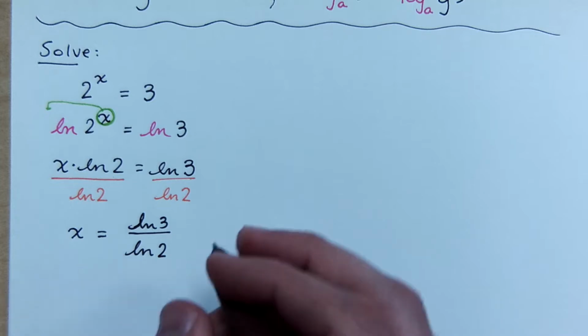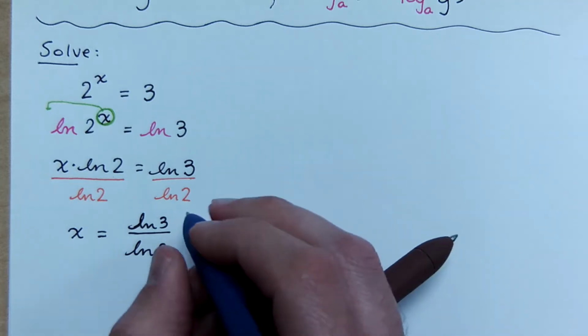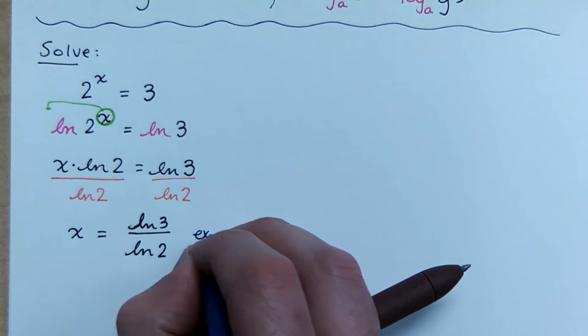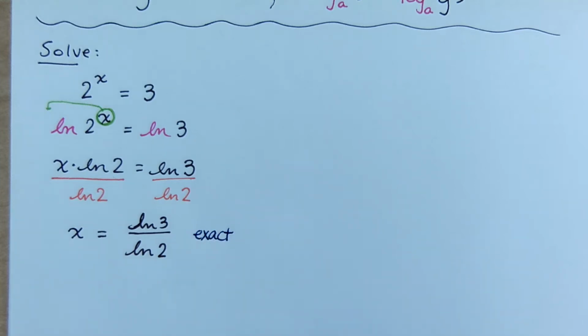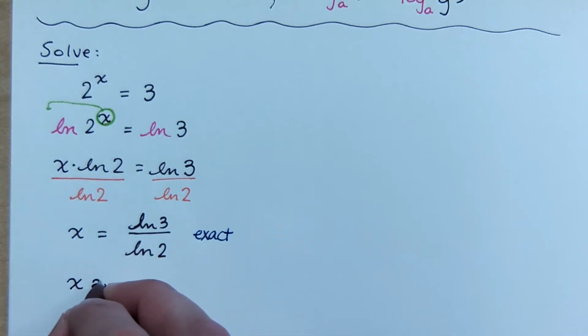Notice I'm using equal signs here. This is an exact value. This has all of the information, all of the decimal information for the answer here. But what we're going to do is now rewrite this as a decimal approximation. Now for me, I just like to have all of my stuff rounded to the nearest thousandth, which means to 3 decimal places.